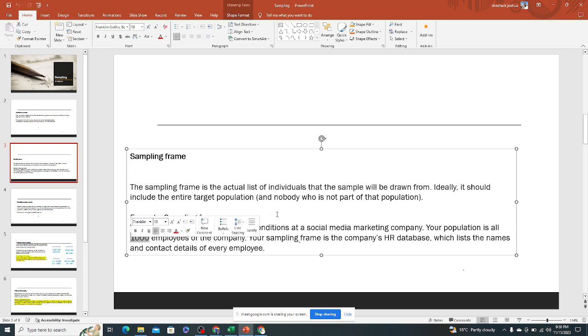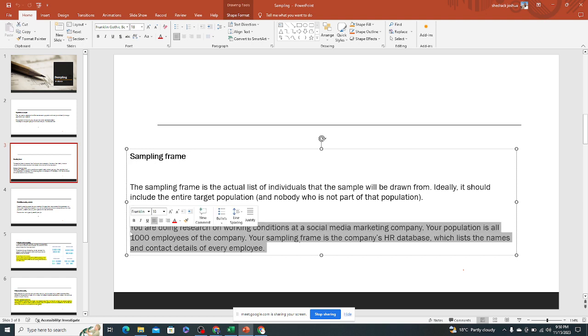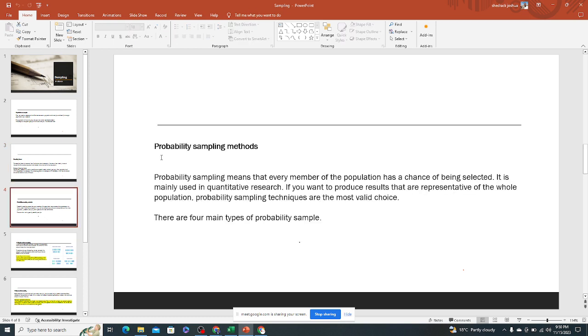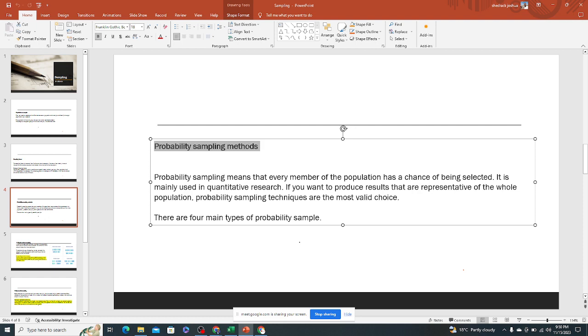So the sampling frame is basically the population, all the details of these employees, if we use this example of a company. This is the sampling frame the sample data will be drawn from.